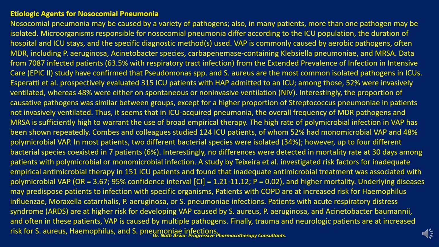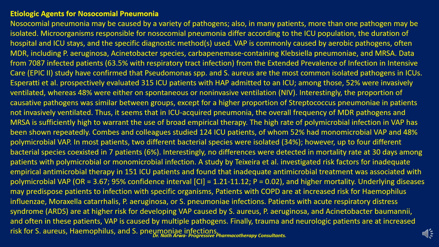Interestingly, the proportion of causative pathogens was similar between groups, except for a higher proportion of Streptococcus pneumoniae in patients not invasively ventilated. Thus, it seems that in ICU-acquired pneumonia, the overall frequency of multidrug-resistant pathogens and methicillin-resistant Staphylococcus aureus is sufficiently high to warrant the use of broad empirical therapy.